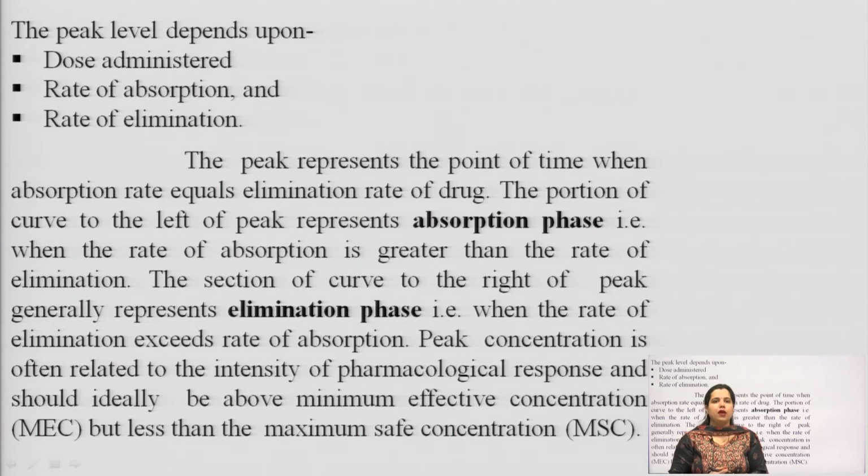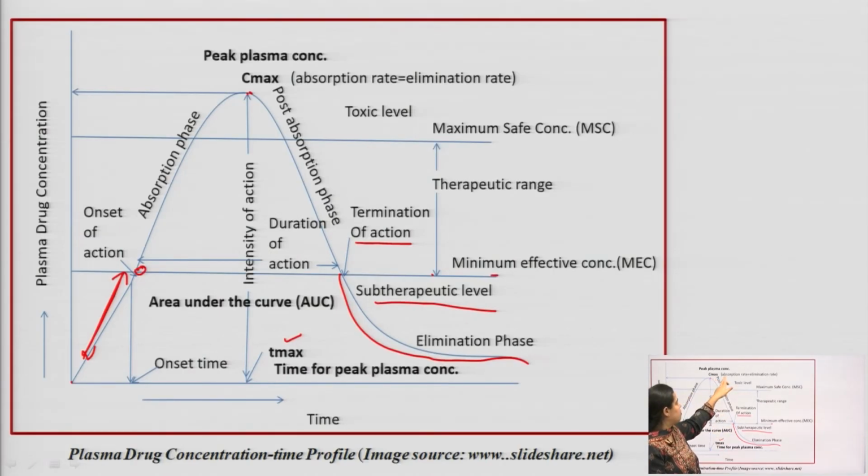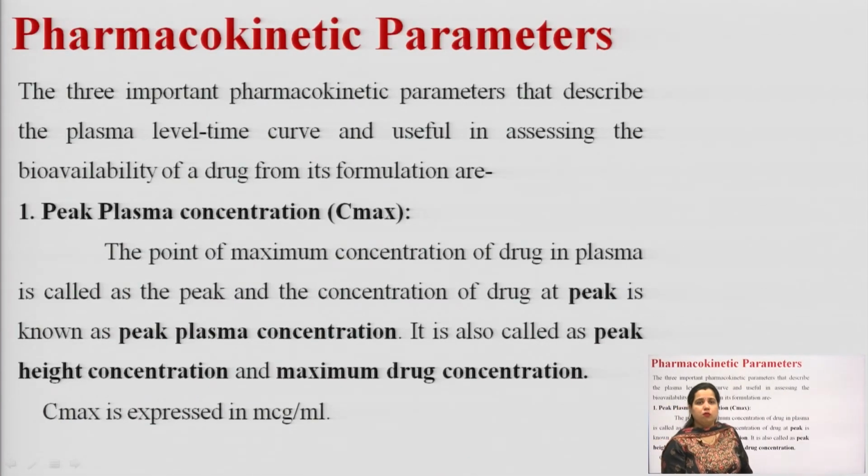The peak represents the point of time when absorption rate equals elimination rate. I can show you that absorption rate is equal to elimination rate. You see Cmax, and the point of time is known as Tmax, maximum time.